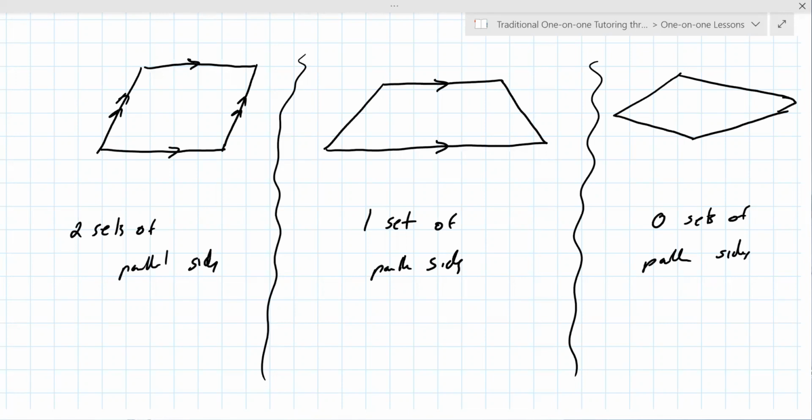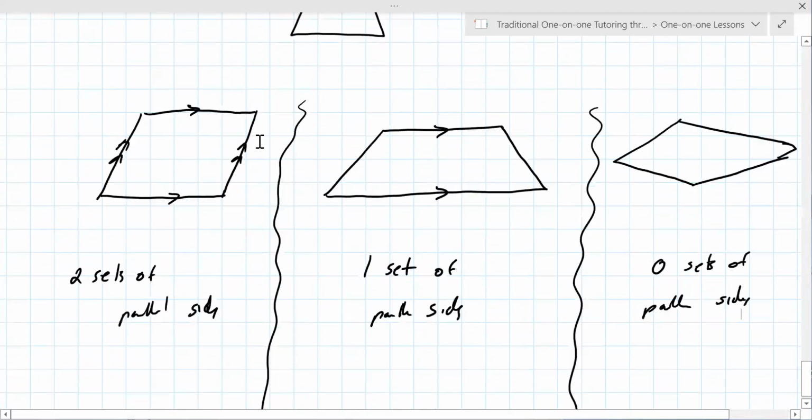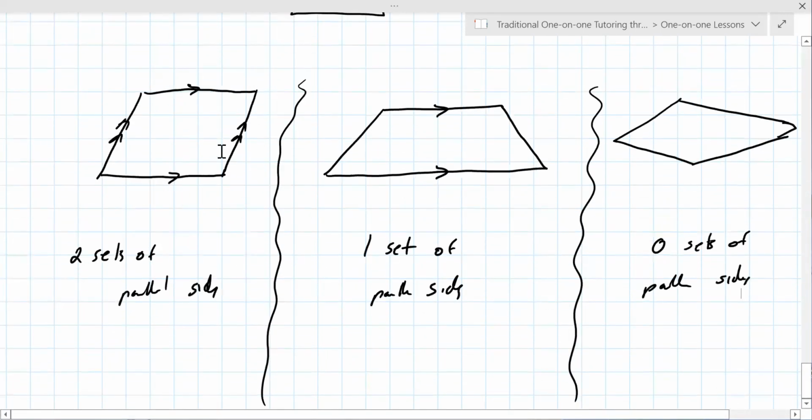So quadrilaterals with 2 sets of parallel sides are parallelograms. You do a lot of work with parallelograms, but then there's this nice progression: if it's only got 1 set of parallel sides, it's a trapezoid, and if it has none, it's a kite.